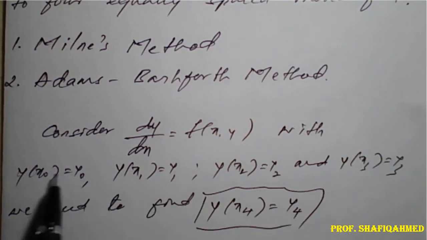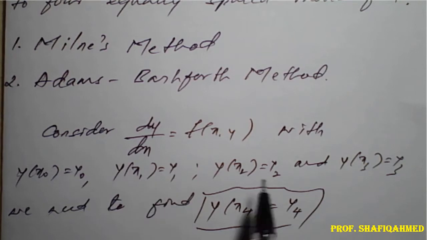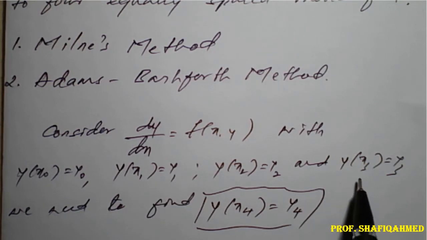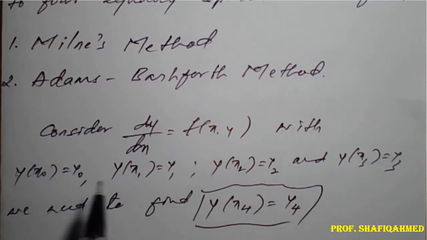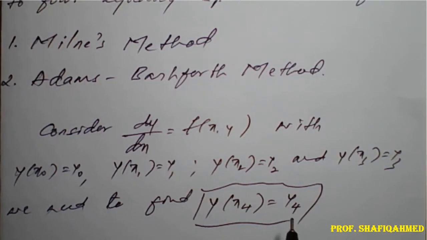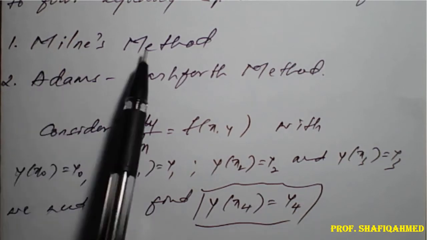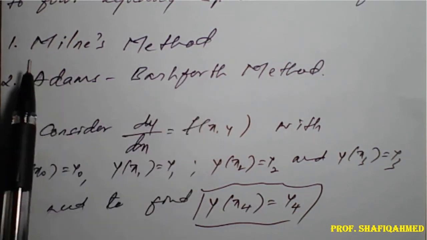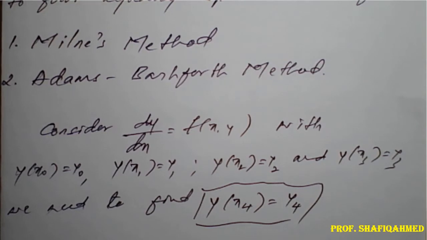These values you can get from the question itself. Then with the help of these we need to find y of x4 is equal to y4. The first 3 values we get from the question or they are already generated, and y4 will be obtained from either Milne's method or Adams-Bashforth method. One by one we'll see these methods.